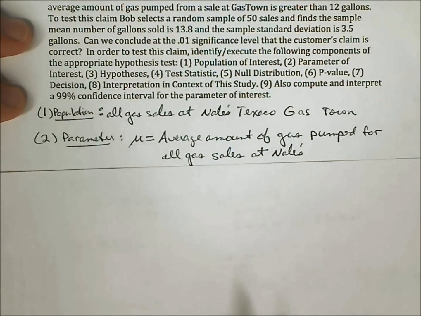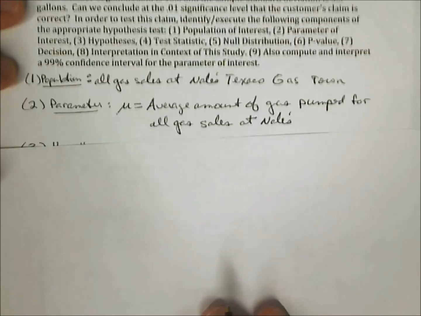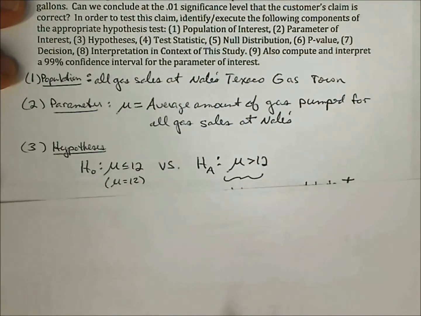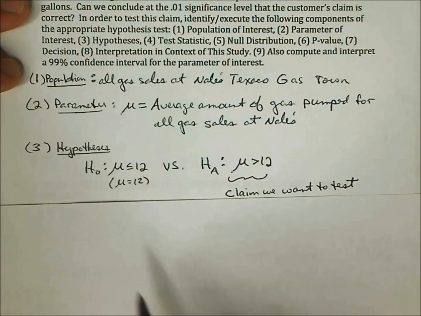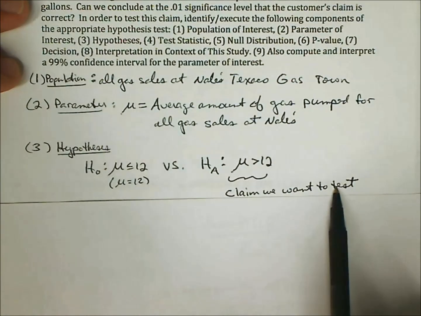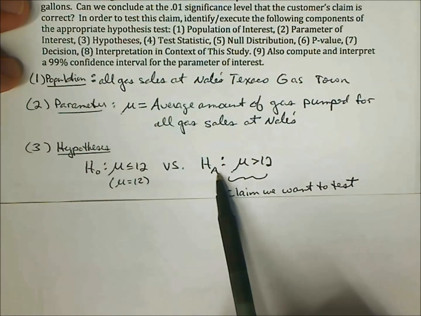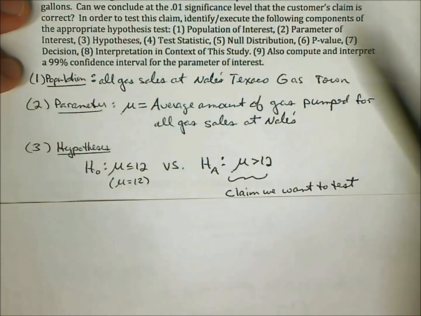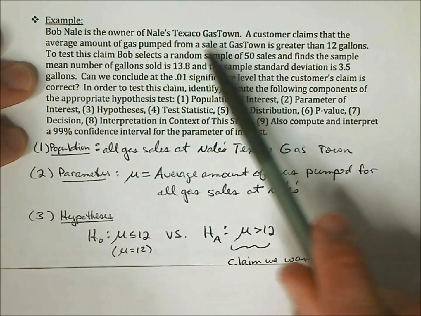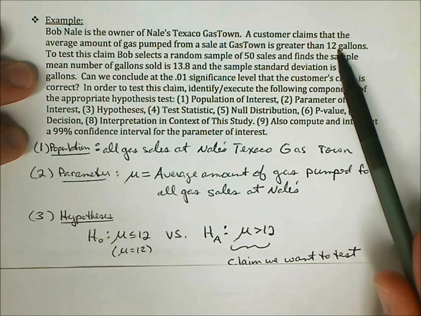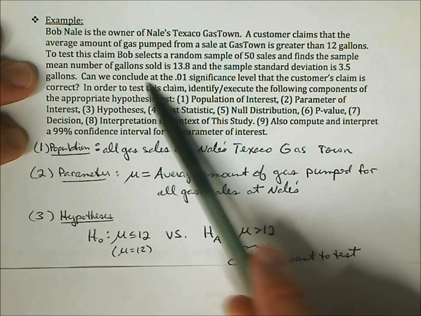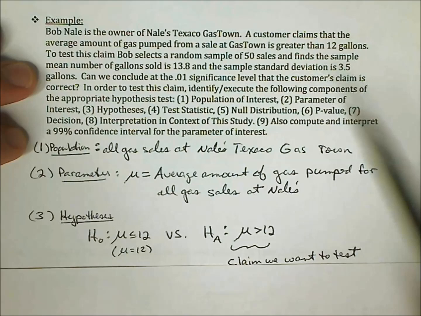All right. And then in step 3, what do the hypotheses look like? Well, the claim we want to test goes in the alternative. All right, what was the claim? Customer claimed that the average amount of gas pumped is greater than 12 gallons. And so can we conclude that the customer's claim is correct?